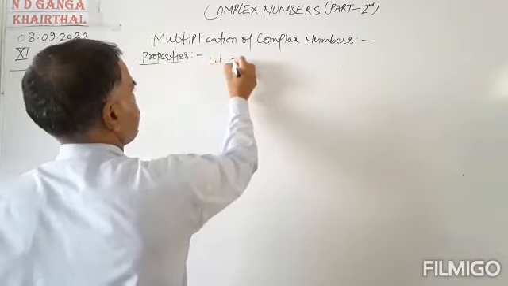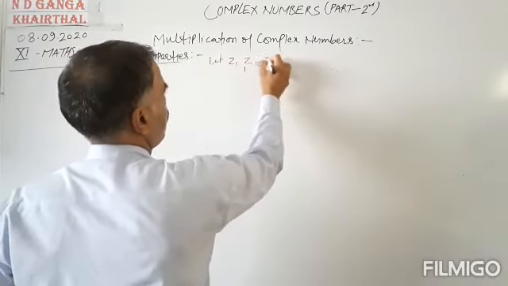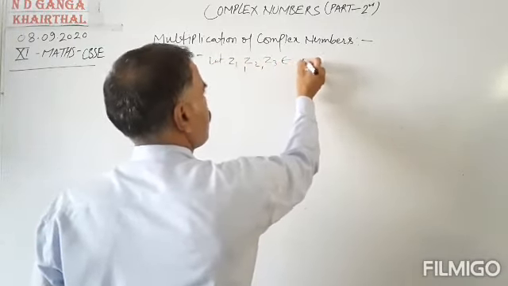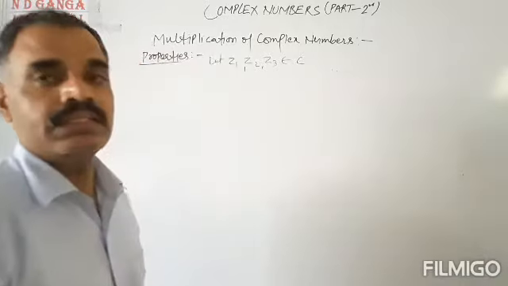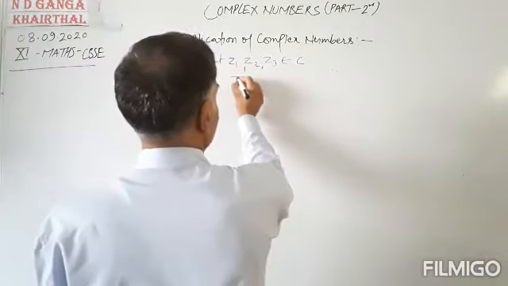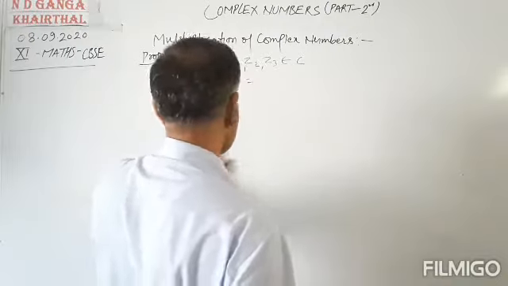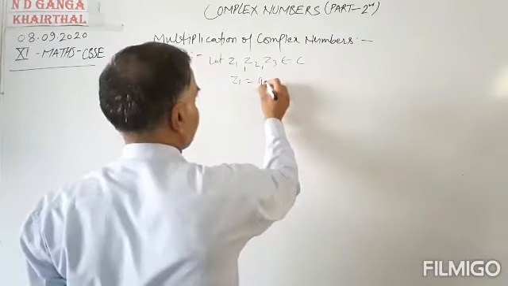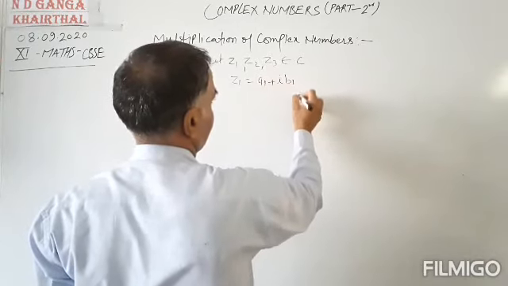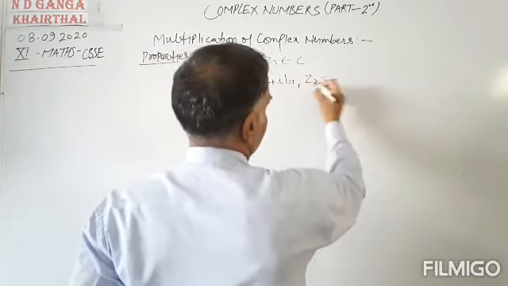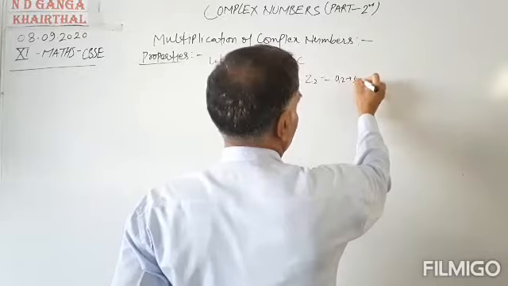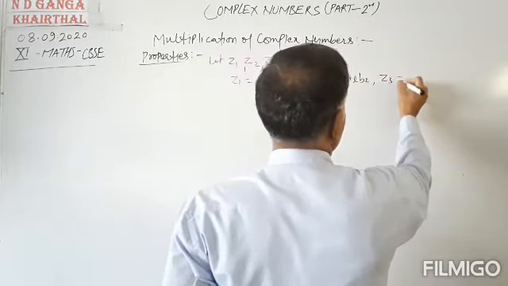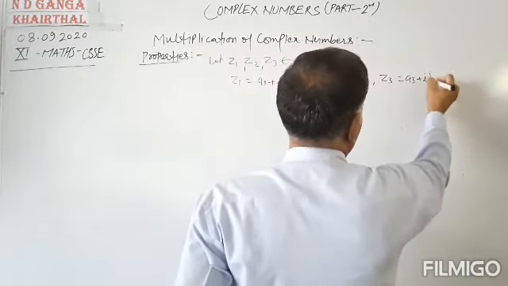Let Z1, Z2 and Z3 belong to the complex numbers, that is C. Here Z1 can be put in the form A1 plus iota B1, and Z2 similarly A2 plus iota B2, and then Z3 is equal to A3 plus iota B3.